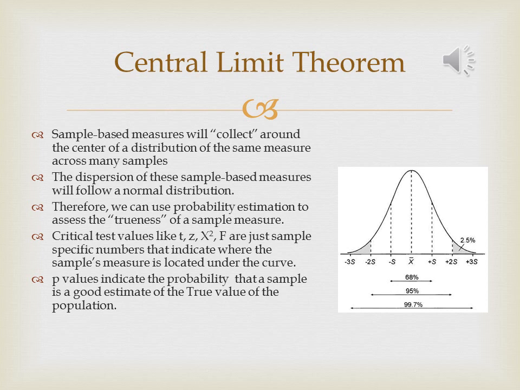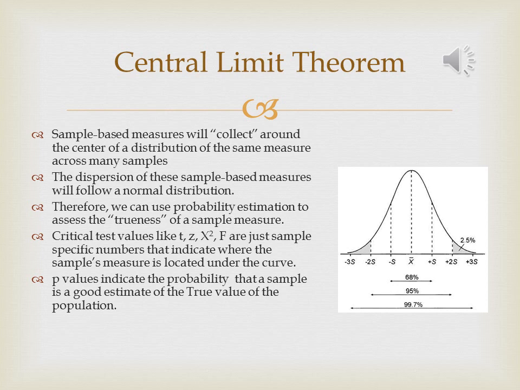The p-value is simply indicating the probability that a sample has given us a good estimate of the true value of the population. So the p-value is simply telling us what's the likelihood that that sample measure that you've gotten is either within the major part of the bell curve, shown here in the white part, or it's out in the tails, shown by the shaded part.